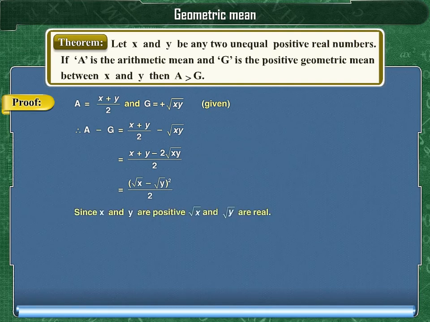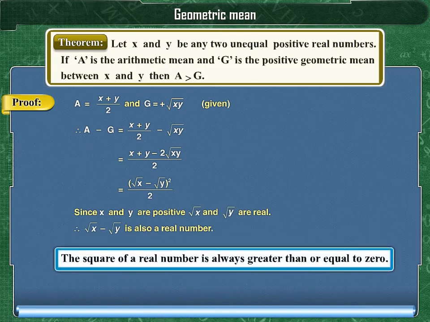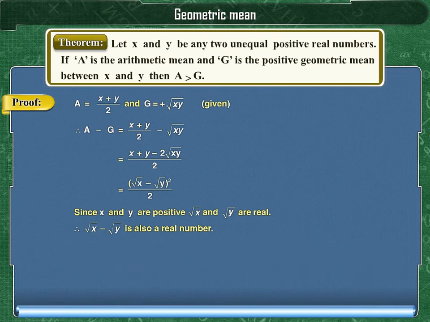Therefore, root x minus root y is also a real number. The square of a real number is always greater than or equal to 0. Since x is not equal to y, root x minus root y is not equal to 0. Therefore, root x minus root y the whole square is greater than 0. Therefore, A minus G is greater than 0. Therefore, A is greater than G.